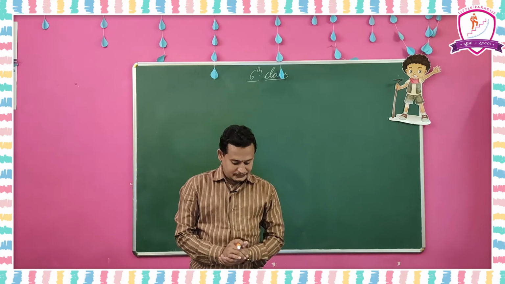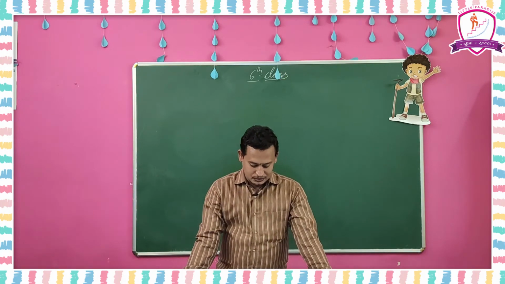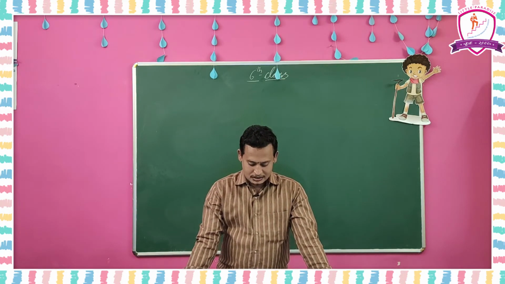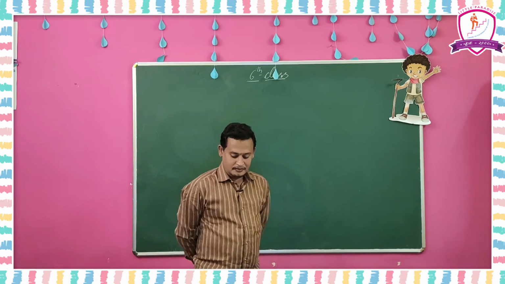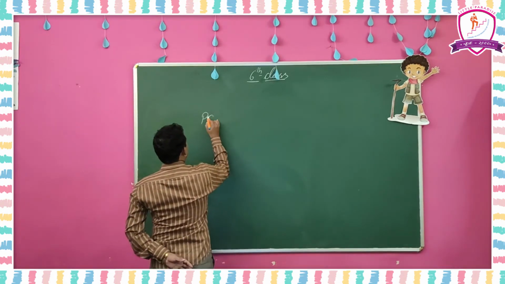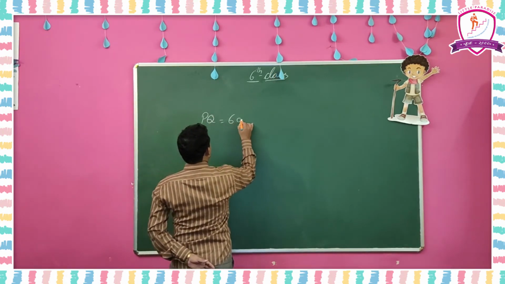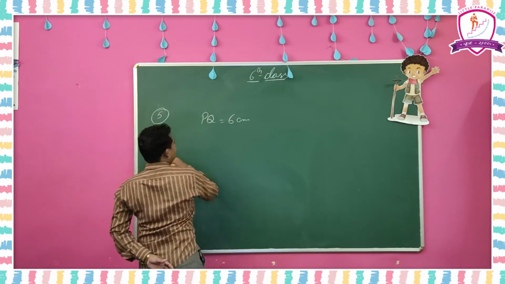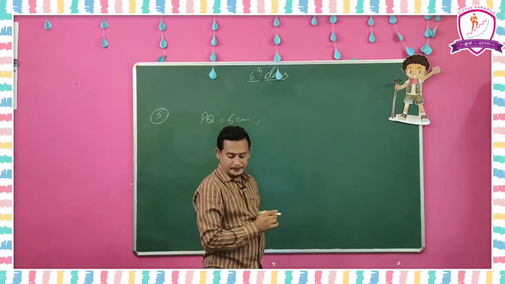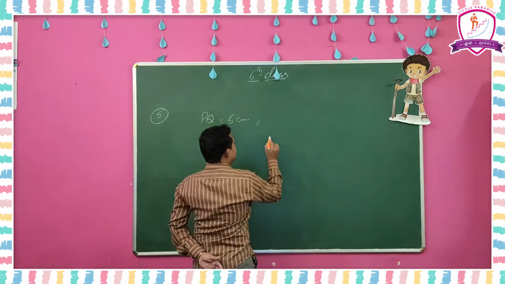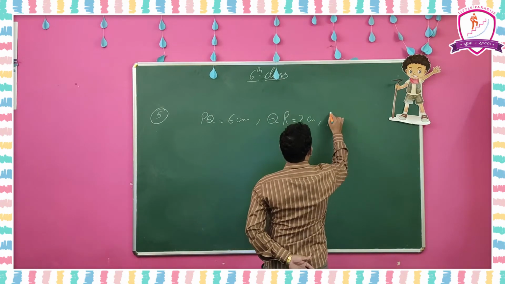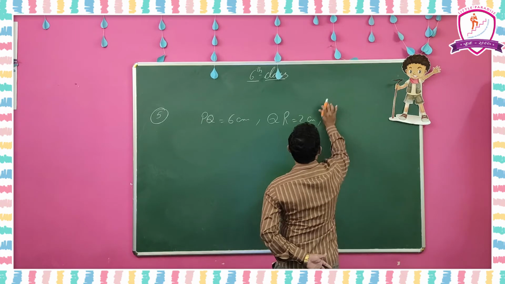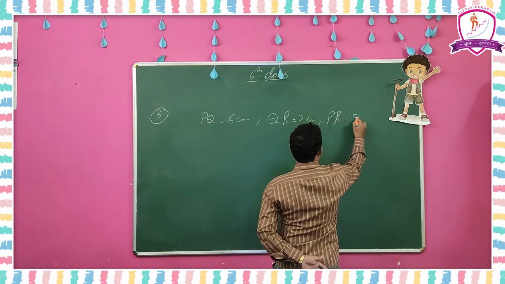So, now coming to the fifth question: if P, Q, R are 3 collinear points such that PQ is equal to 6 centimeters, QR is equal to 2 centimeters and PR is equal to 8 centimeters.